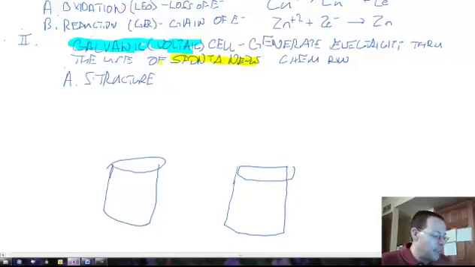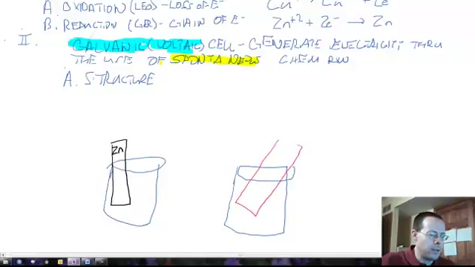In my left-hand beaker, I am going to have a piece of zinc metal, so we can call this zinc. In my right-hand beaker, I am going to have a piece of copper metal, copper.